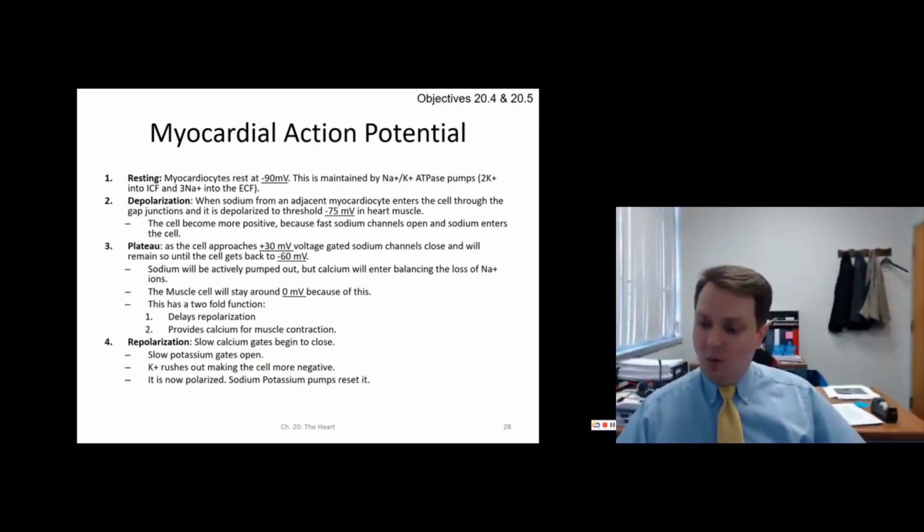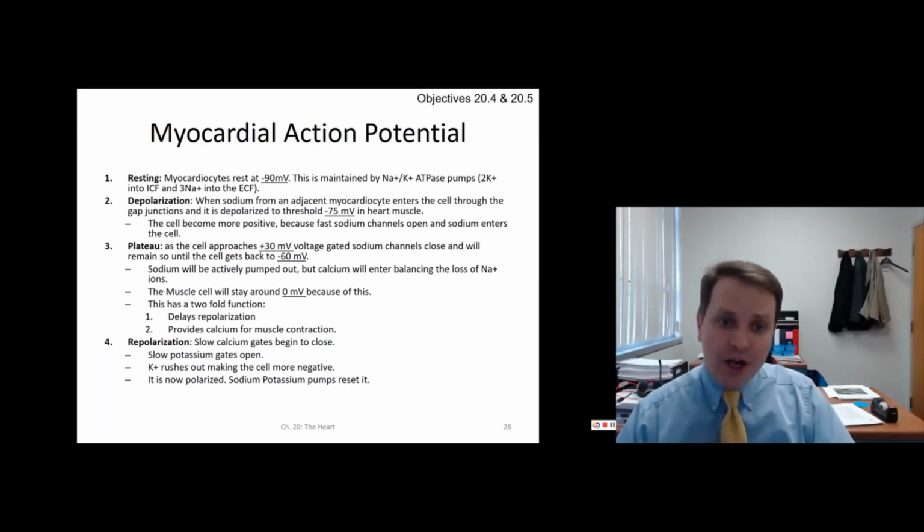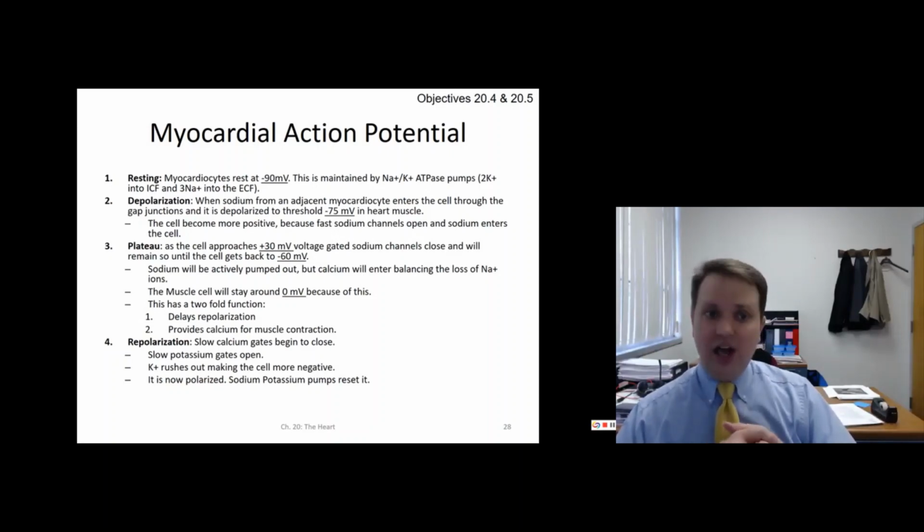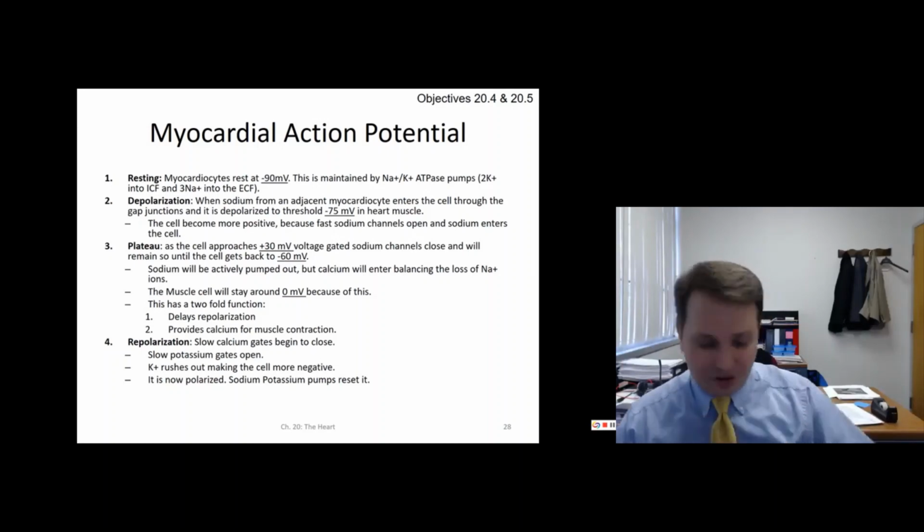Now, what happens next is there's going to be a depolarization. Remember, depolarization is when the heart or any other excitable cell gets stimulated, becoming more positive. It's going to go up to about positive 30 in a minute.